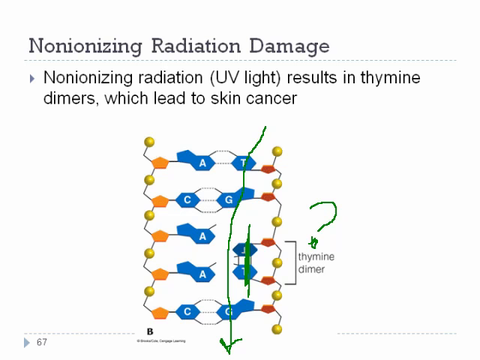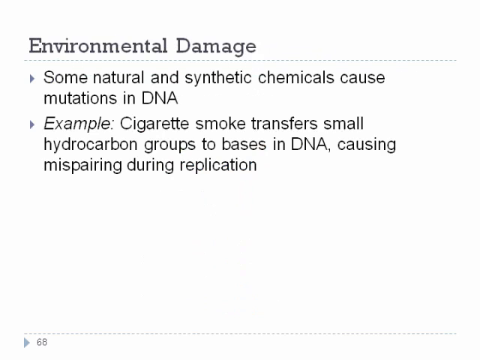And it just guesses, and it just sticks something in there. Maybe it guesses right and sticks in a T. Maybe it guesses wrong and sticks in a C or a G. So those are some ways that UV light can cause radiation damage. Excess amounts of UV light that cause excess amounts of these thymine dimers can sometimes lead to skin cancer.